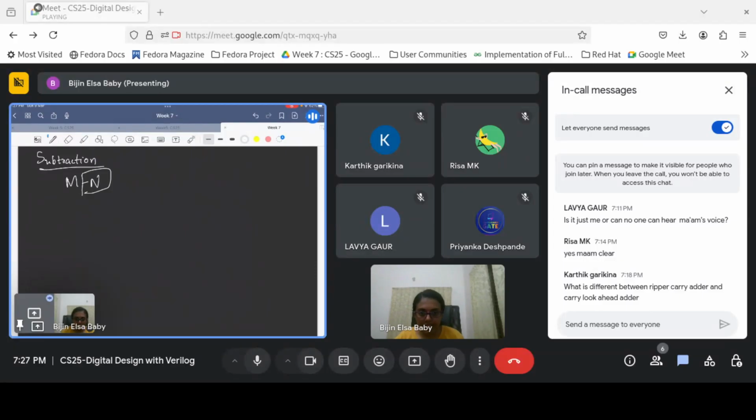So it will be m plus 2 raised to n minus n. This is the 2's complement of n. If m is greater than or equal to n, the end carry, that is 2 raised to n in the case of binary, will be discarded.